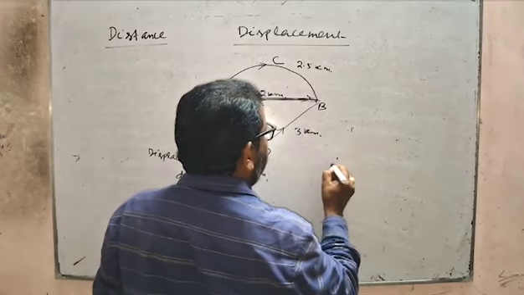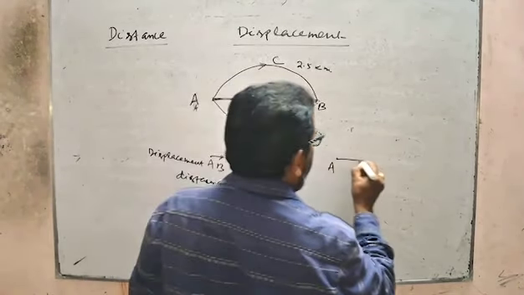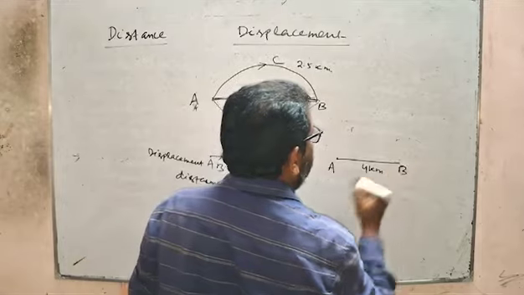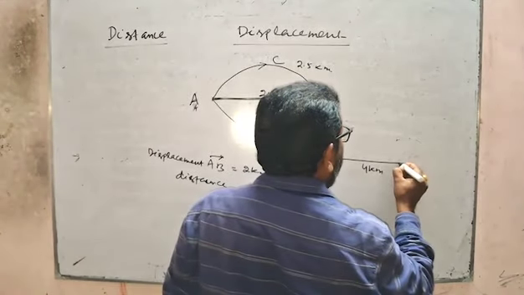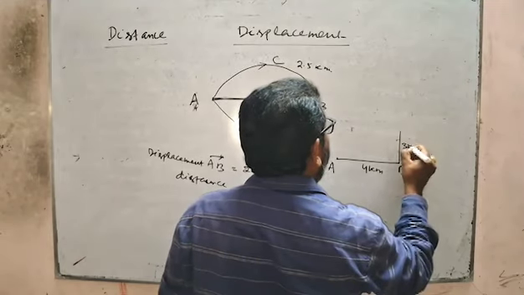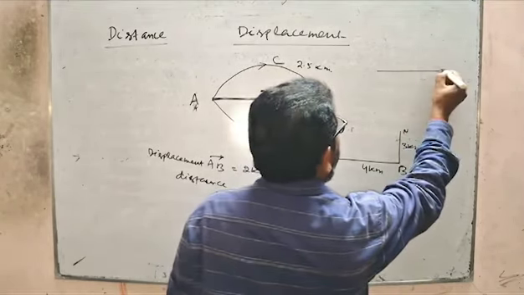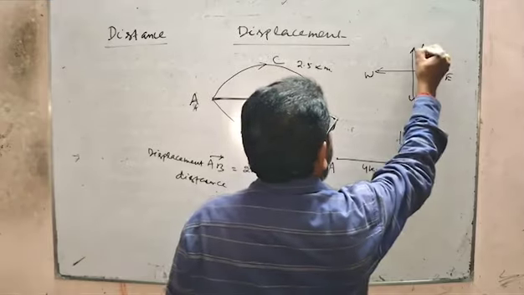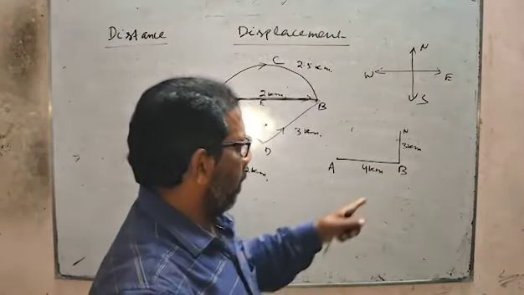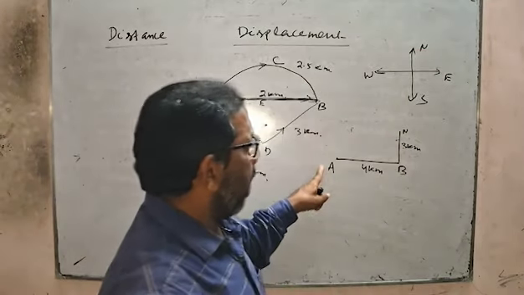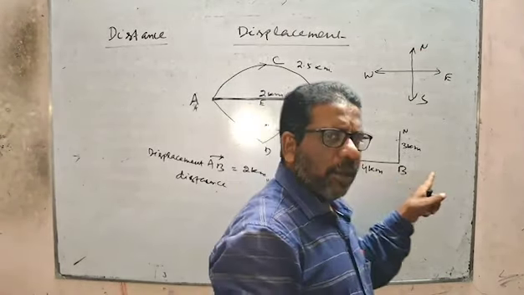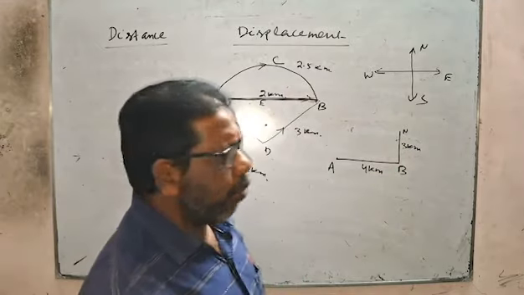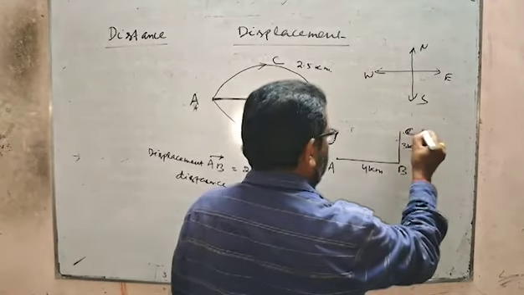Another example. Let an object start from A, cover 4 kilometers due east and reach B. Then it moves 3 kilometers due north and reaches C. These are the east, west, north and south directions.